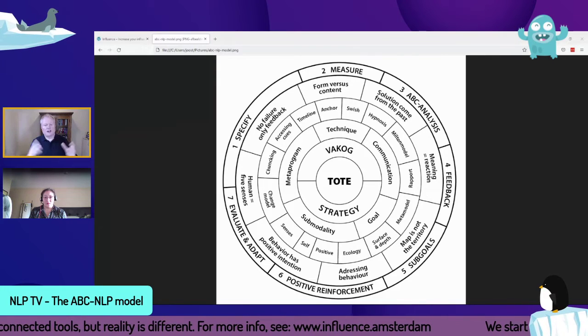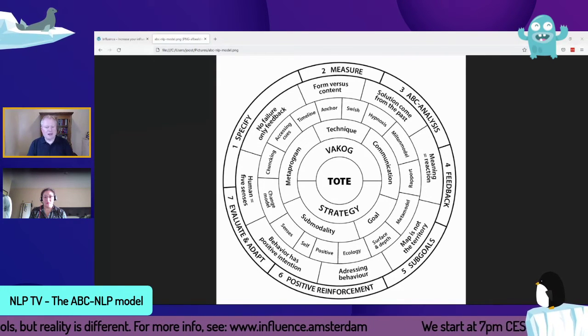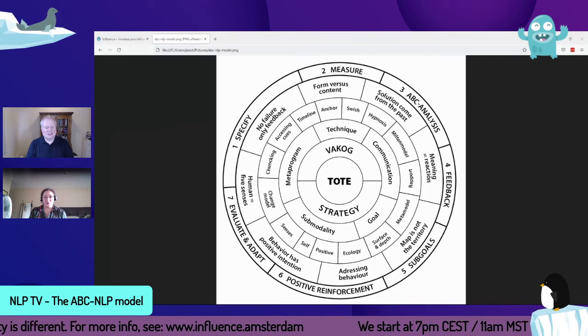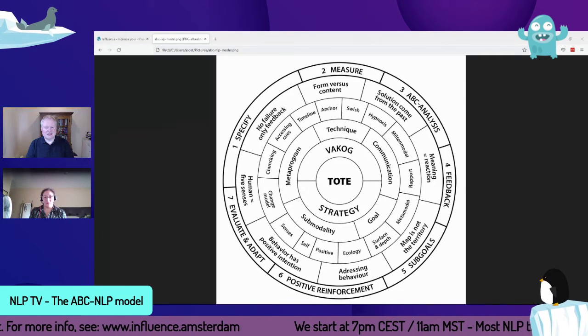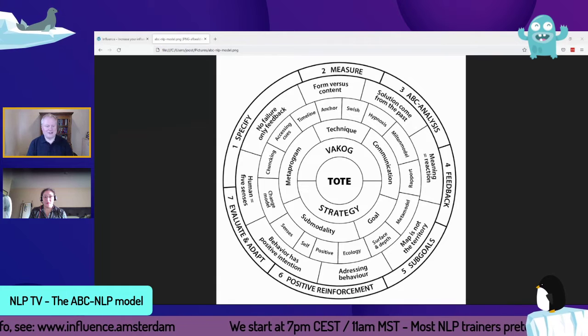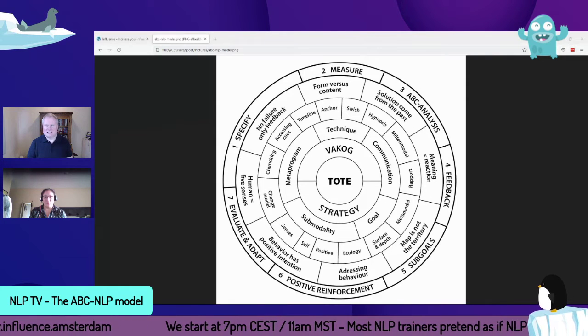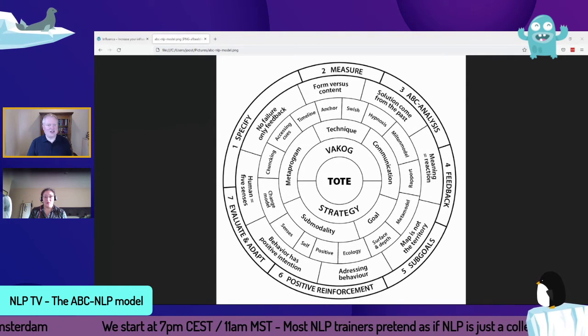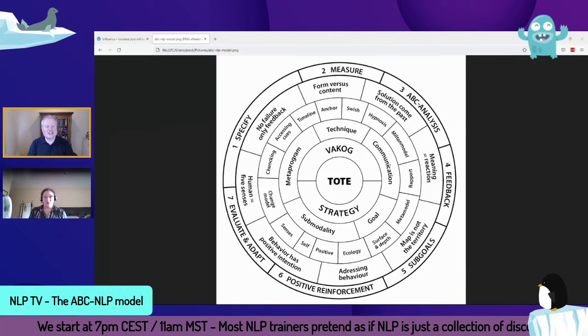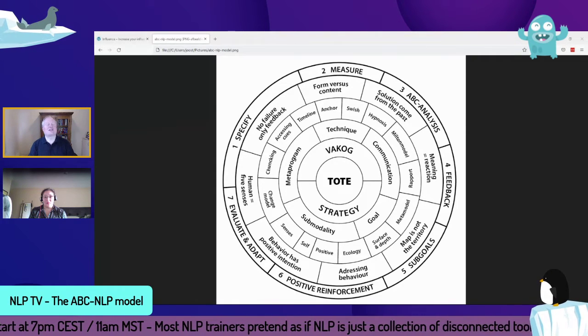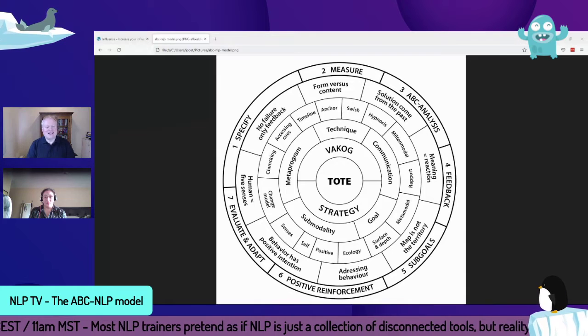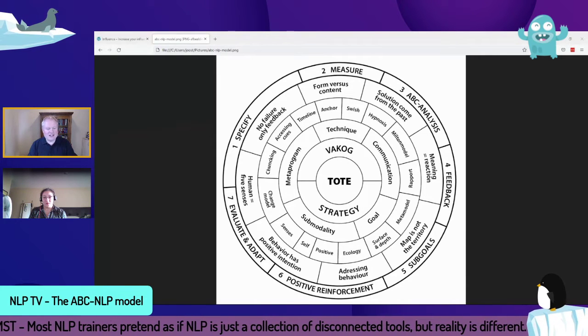So by enclosing all of neuro-linguistic programming with the applied behavior analysis protocol, you immediately have a completely scientific way of doing neuro-linguistic programming. Of course, this is only the scientific theory of ABC-NLP.